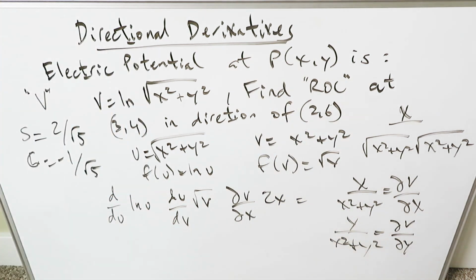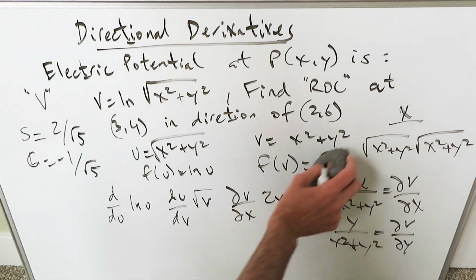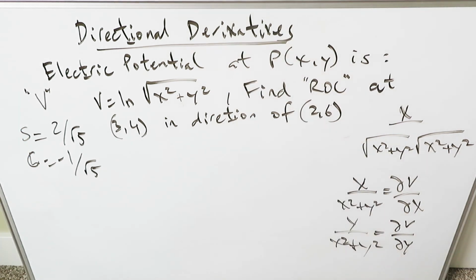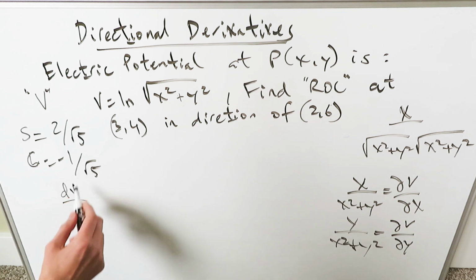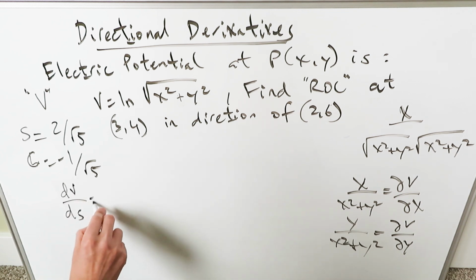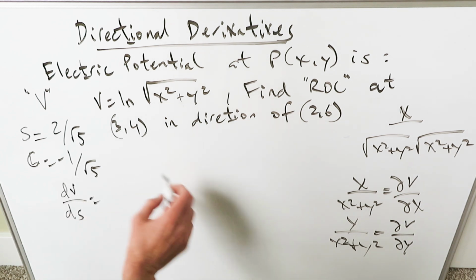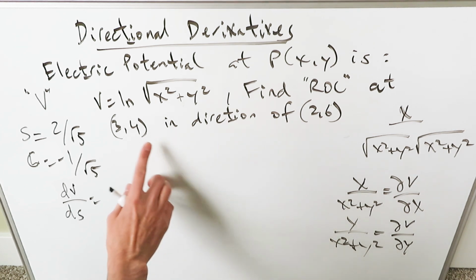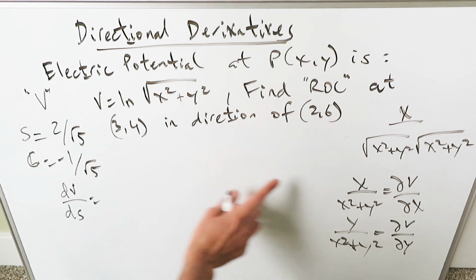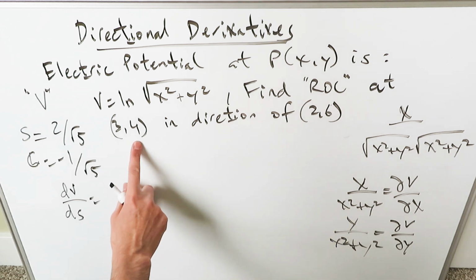Now we just bring everything here into our ultimate equation and we're done. What is my equation? It's this. The directional derivative of the potential is equal to, you have x's and y's coming in through with the point 3 comma 4. I have x divided by x squared plus y squared at 3 comma 4.